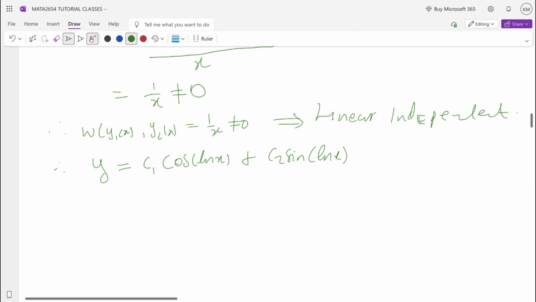Let me try and see if I can find questions maybe in the previous exam paper that required the Wronskian determinant.